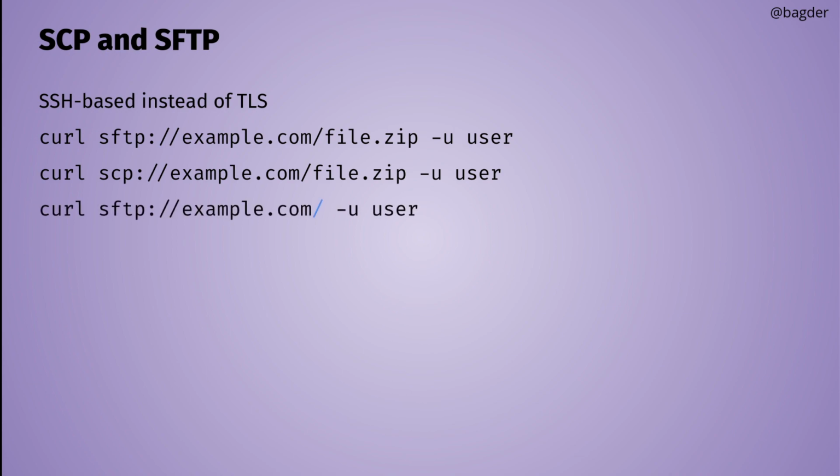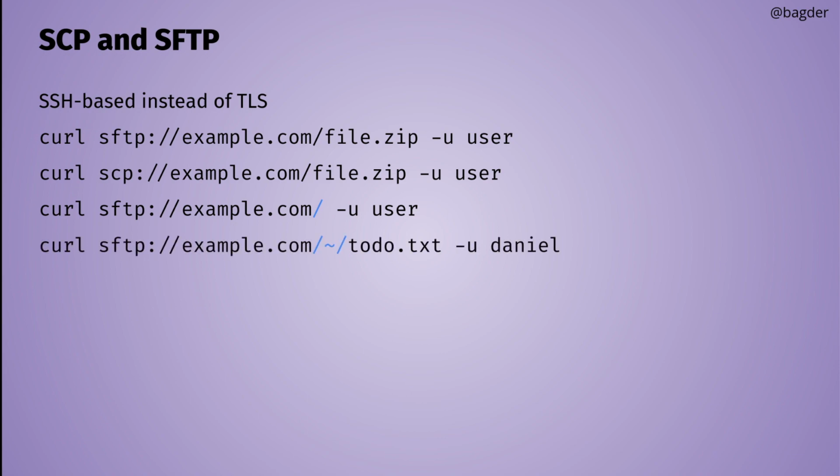If you end the URL with a trailing slash like that, marked in blue here in my example, you will get a directory listing because there's no file name part there. You're asking for a download, but without a file name in the URL, it means a directory listing. That goes for several of the protocols curl supports, if they support directory listings. That's SFTP, FTP, and a few others.